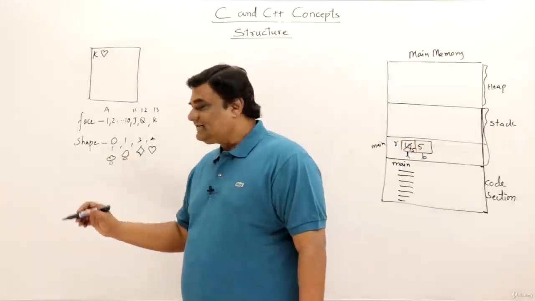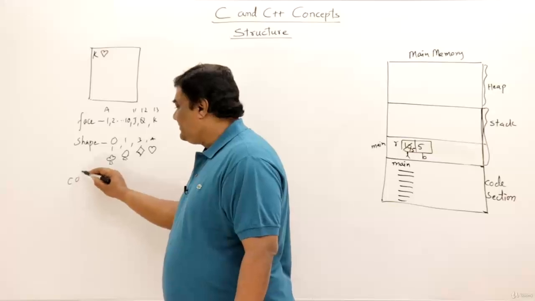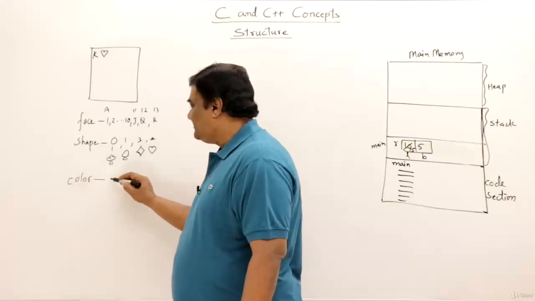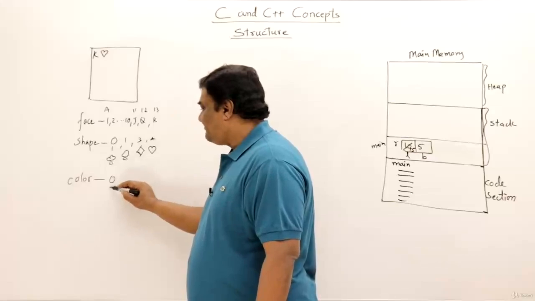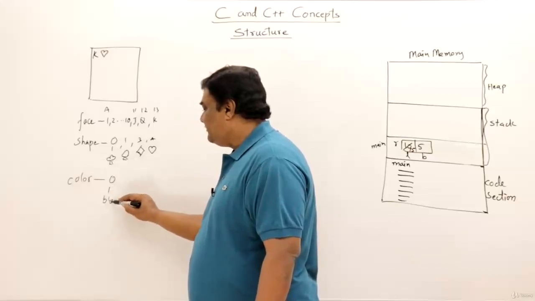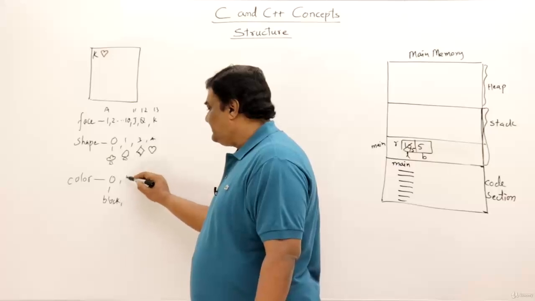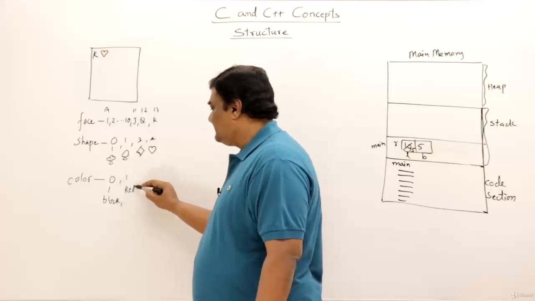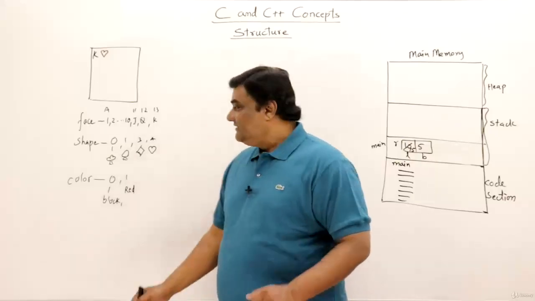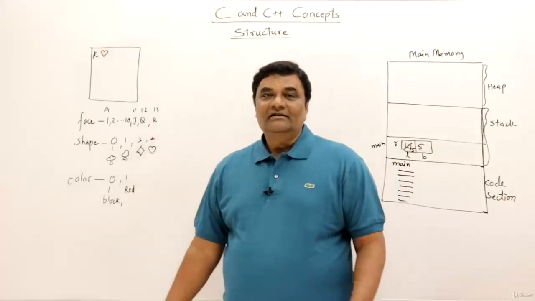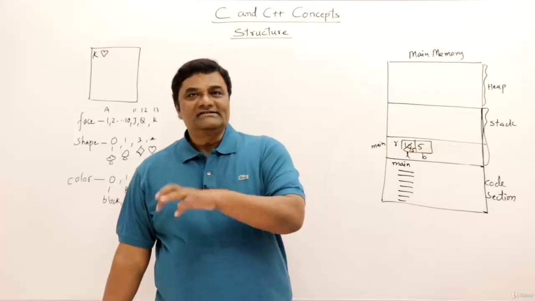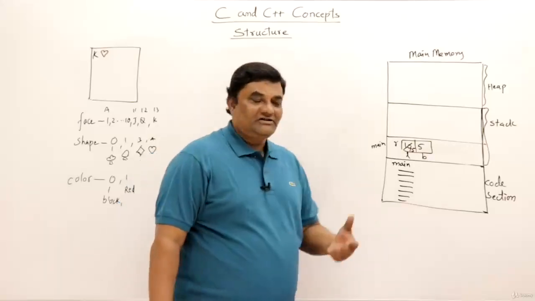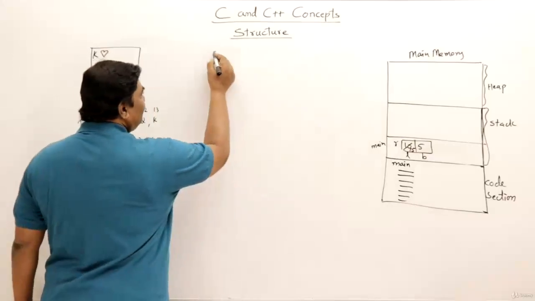Now the next thing is color. As there are only 2 colors, I will define colors also in terms of codes. Let us say 0 for black color and 1 for red color, right? So black and red color. So this is how we can define a playing card. Now I can represent this as a structure. Let us define a structure.